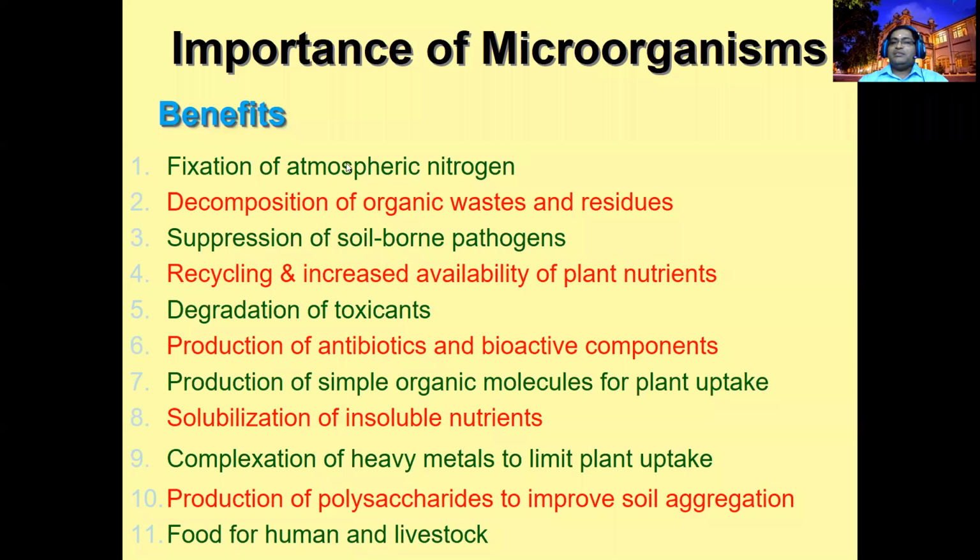In an eco-friendly way, atmospheric nitrogen can be fixed by these microorganisms. If researchers modify these microorganisms to increase their efficiency of fixing nitrogen, then you need not produce industrial ammonia, industrial nitrogen fertilizers.